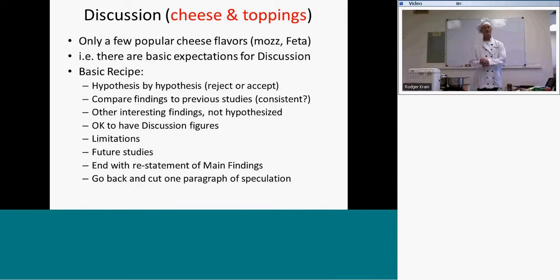I say whether I accept it or reject it. I compare the findings that we described in the results section to previous studies that may have measured similar things, to say whether or not your study is consistent or valid. Then I go to the second hypothesis, and if there is a third hypothesis, I go to the third. That starts out your discussion section.